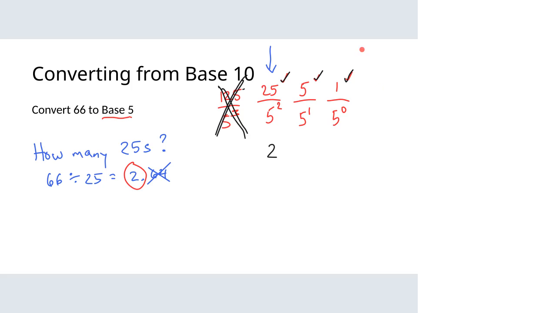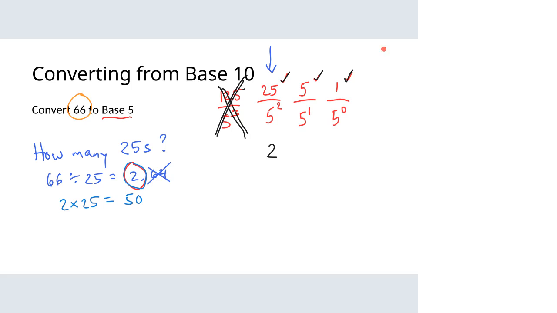And so I still need to keep building. How much do I have left that I need to keep building? I started with 66. I've taken care of 50 of it. How much is left? Excellent. Very good.